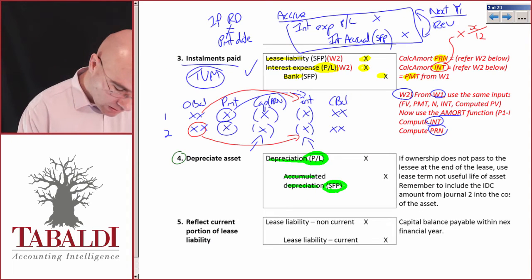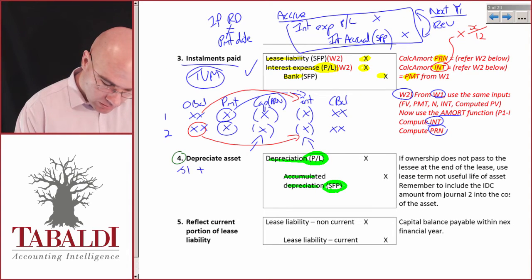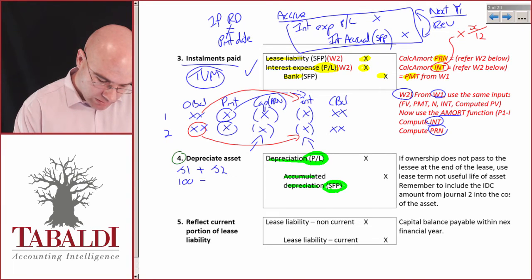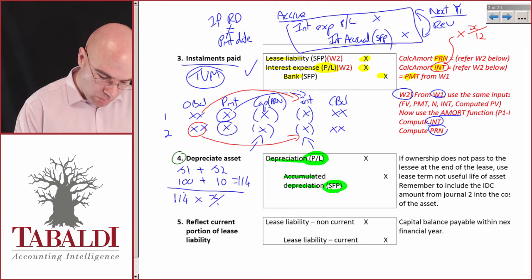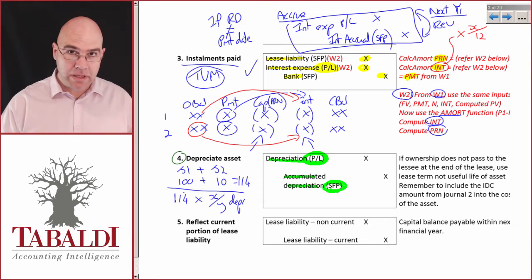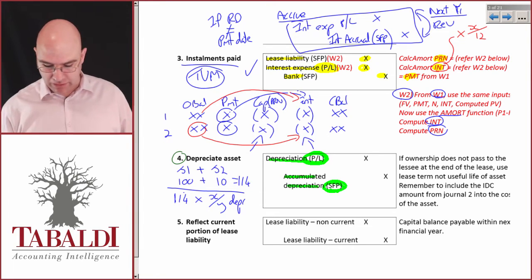Then I will take journal 1 plus journal 2, which was in my little numbers there 100, plus 10 gives me 114. And that 114 is what I'll use for my depreciation calc. So 114 times x over y depreciation. Okay, so remember to capitalize those initial direct costs.